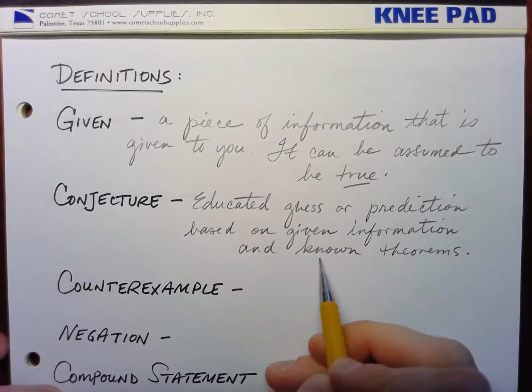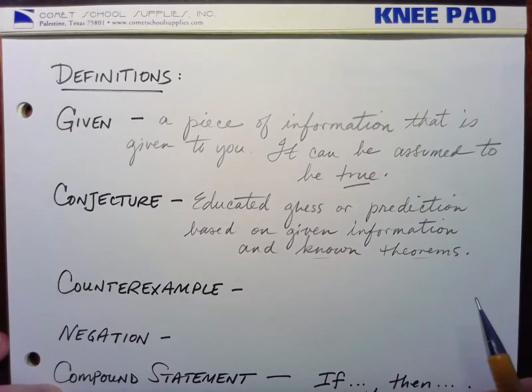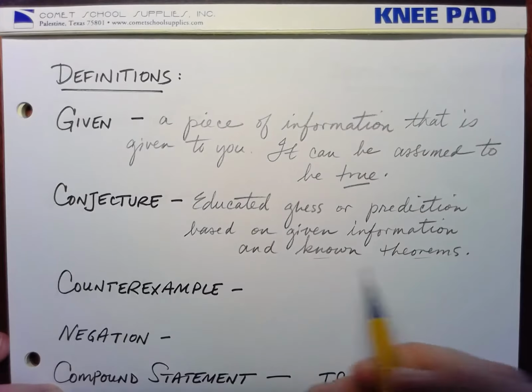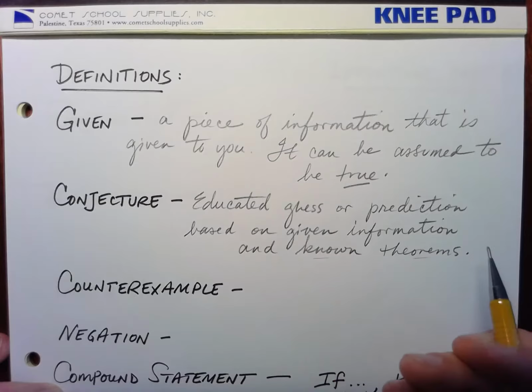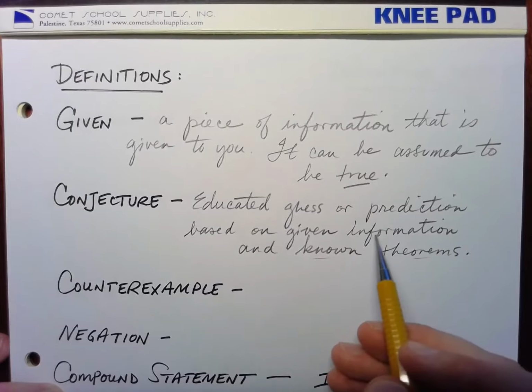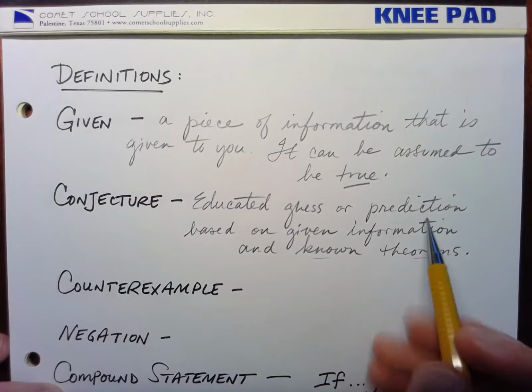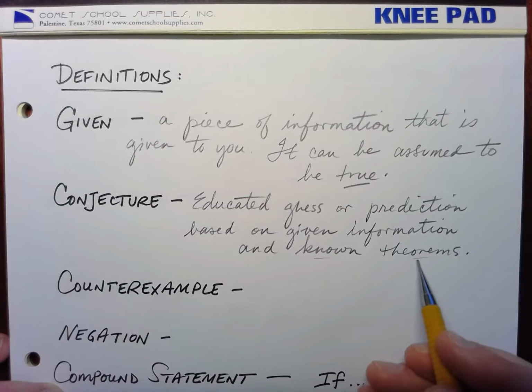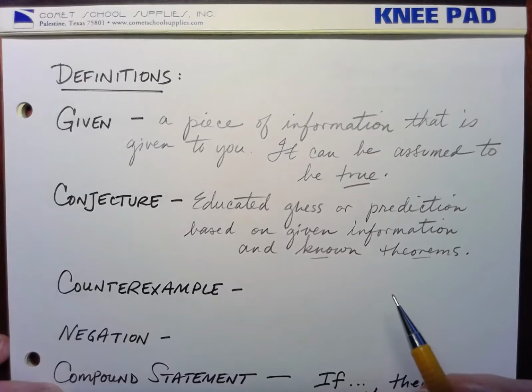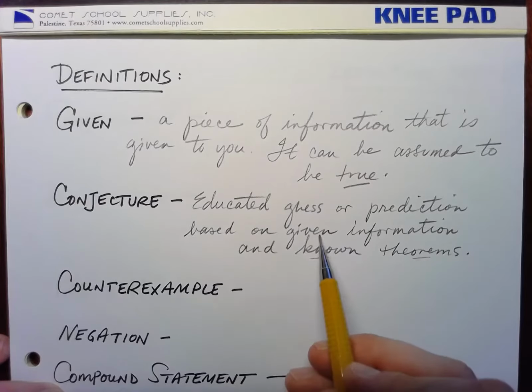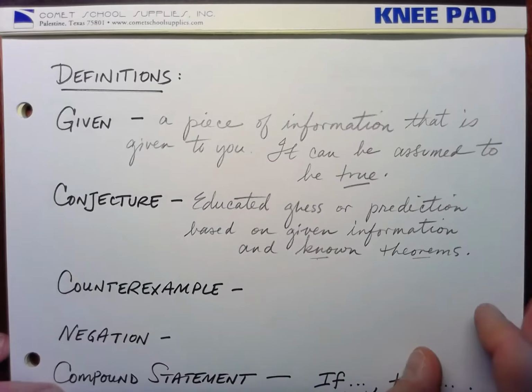When I say known theorems, I'm just talking about other theorems that we know to be true. So like we all know the Pythagorean theorem says what it says, and so if we needed to use that to make a prediction, then we could say, oh, well, by the Pythagorean theorem, we're basing our information off of that. So it's either based on given information or other theorems that you know.